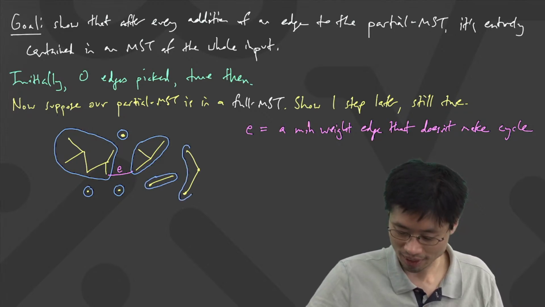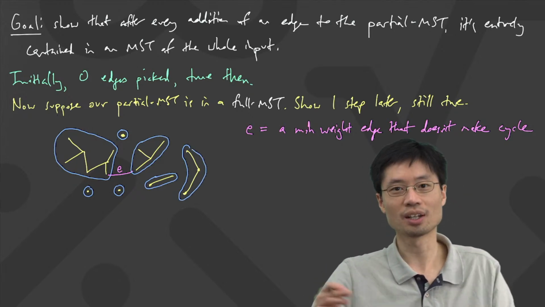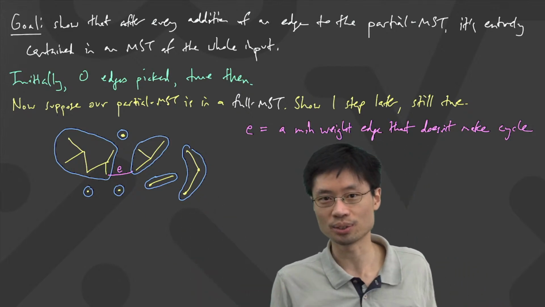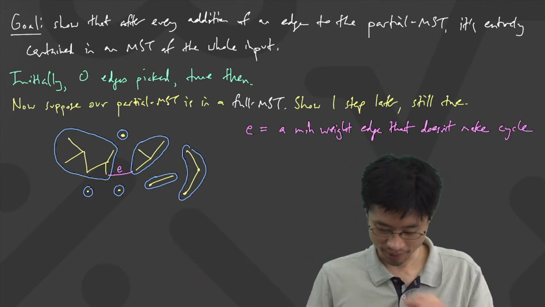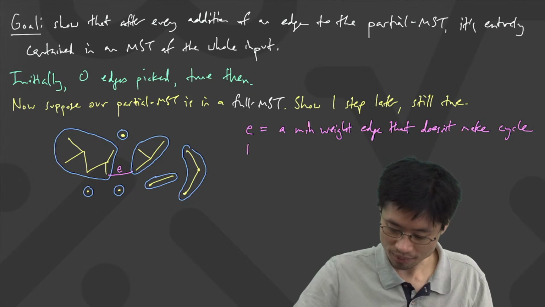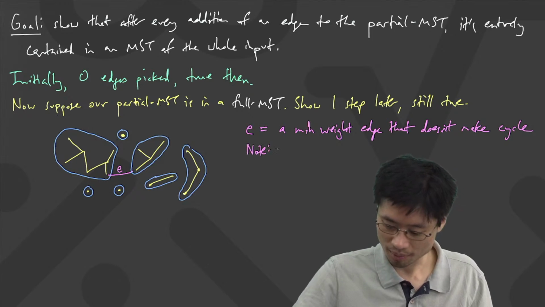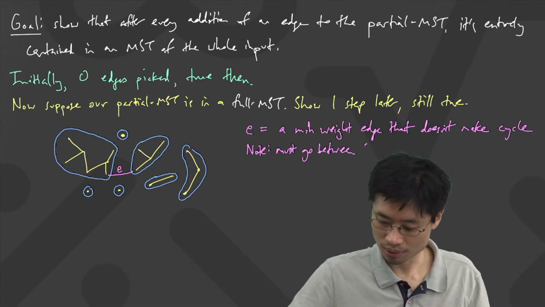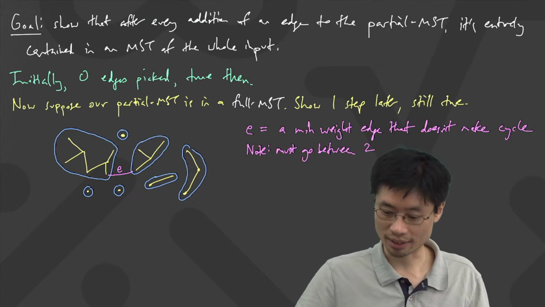And we had something like that idea before. So I've got all these different connected components, and the edge has to legitimately go between two of them. Okay, so that was a nice observation. Note, it must go between two of the connected components.